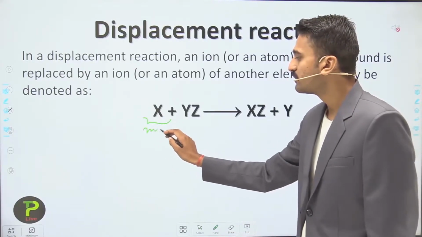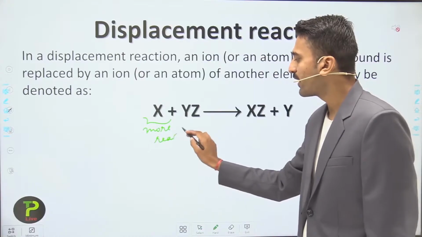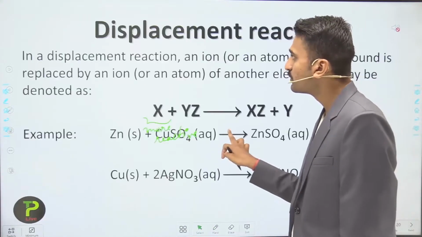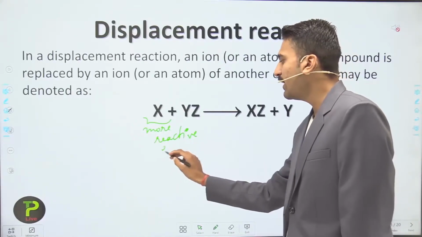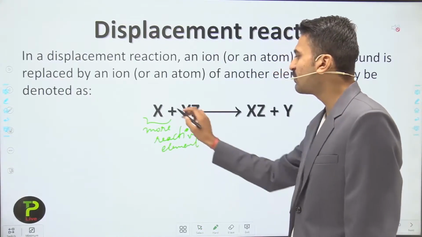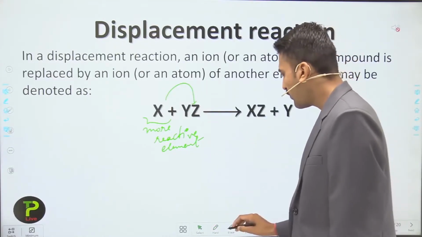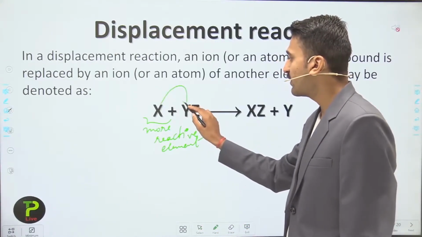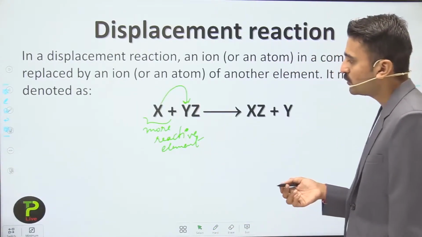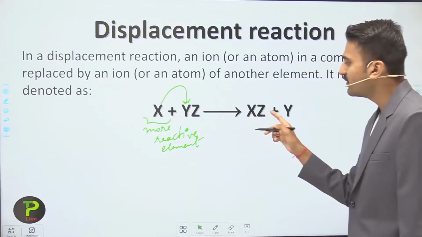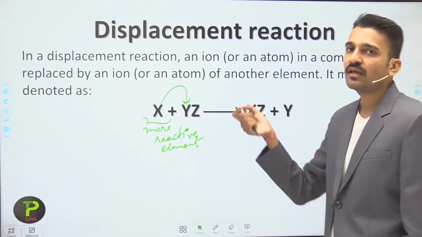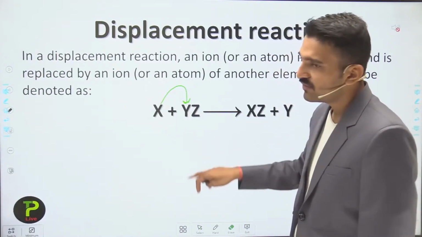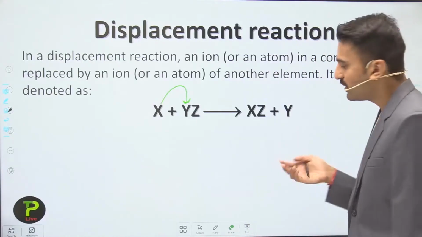X is the more reactive element, and it is displacing the less reactive element, that is Y, from its salt solution. So here it will form XZ plus Y. It means that Y has been displaced. So let us check some examples.